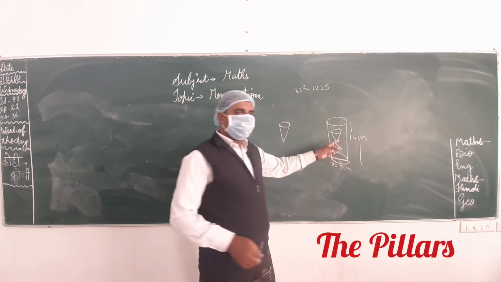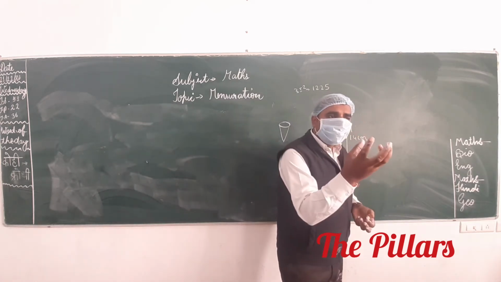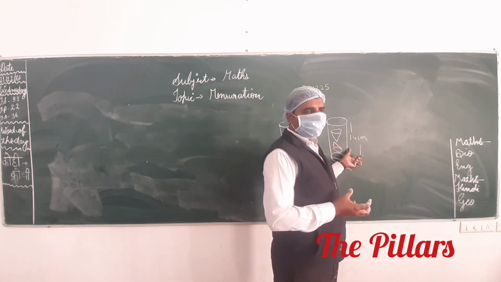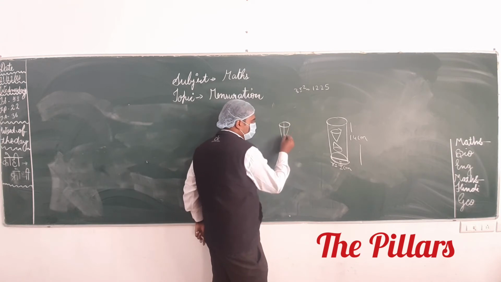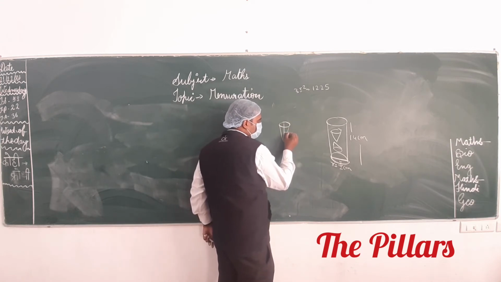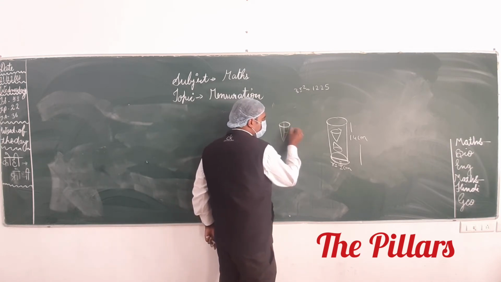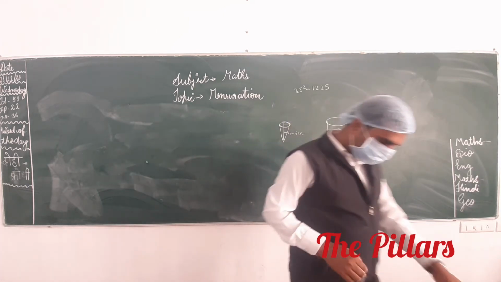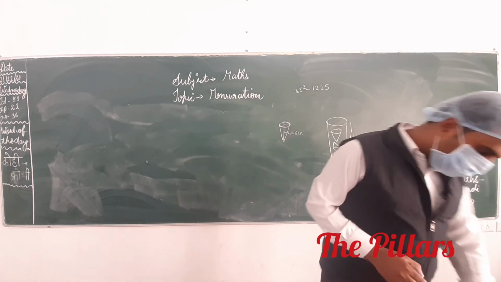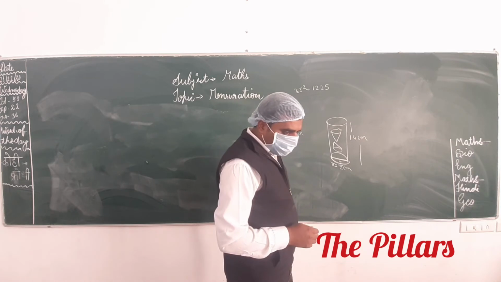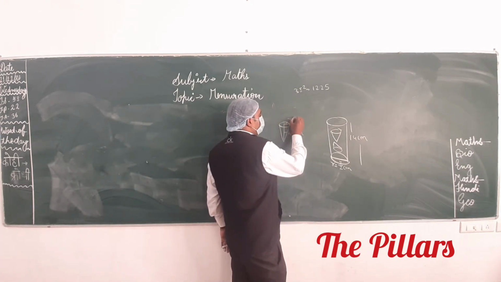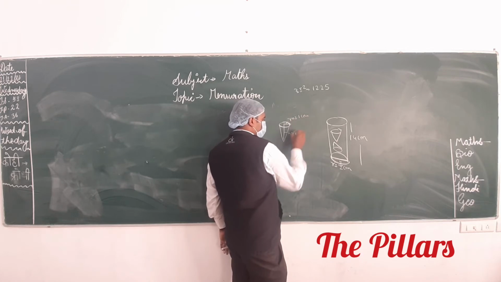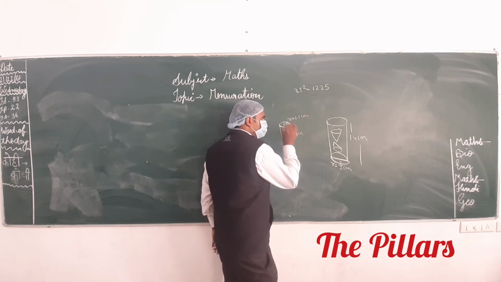Whose height is given, h equals 4, and each of radius 2.1 centimeter given.